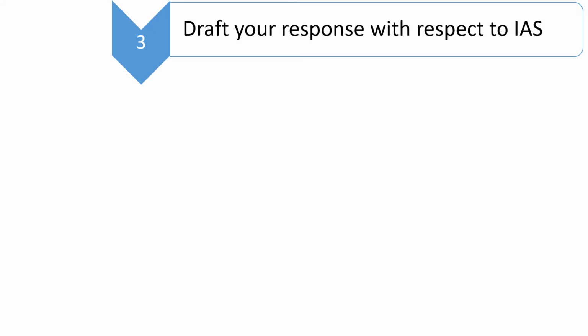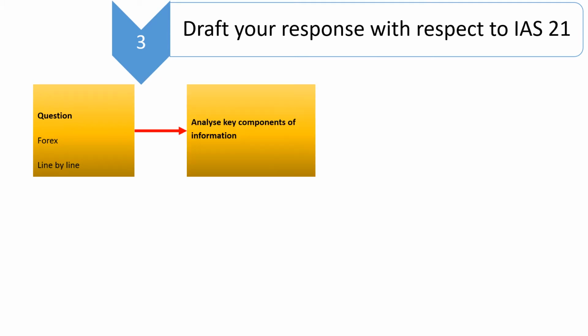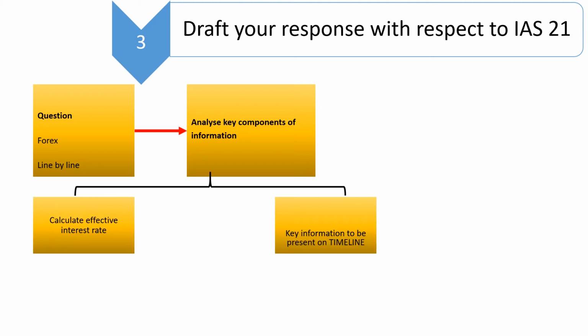Now, in terms of drafting your response to IAS 21, we need to be able to have some sort of strategy to put everything together. We have gone through the question on a line-by-line basis. We have already analyzed the key components of information. We will need to calculate an effective interest rate.